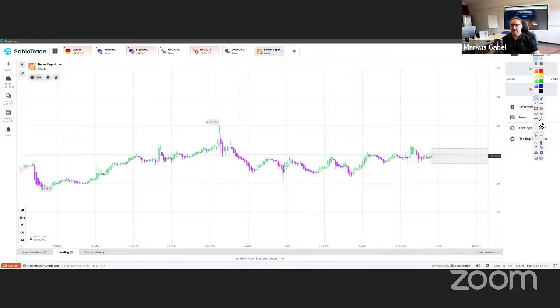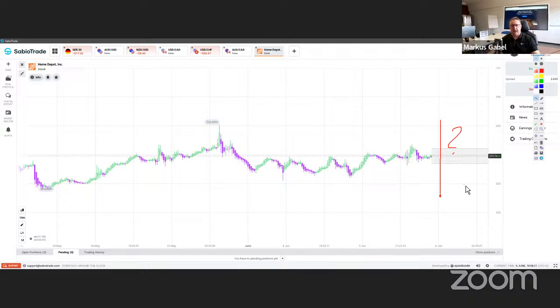So when you are here at the chart, here on SabioTrade, for example, and you are here on the right edge of the chart, you don't know the future. And the problem is you cannot influence the future. You just have a fact here at the right edge of the chart.